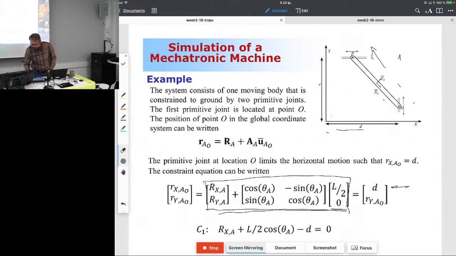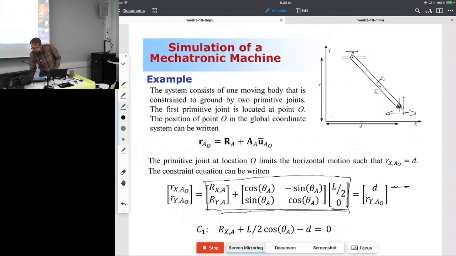So let's first look at the big picture again. The big picture is this. My point O is constrained in such a way that it can do everything it wants, except it cannot translate along the global x-axis. This motion is not possible. It is constrained. And this is exactly what I wanted to constrain.